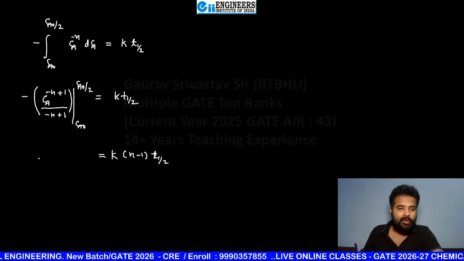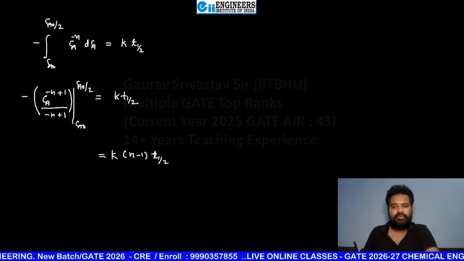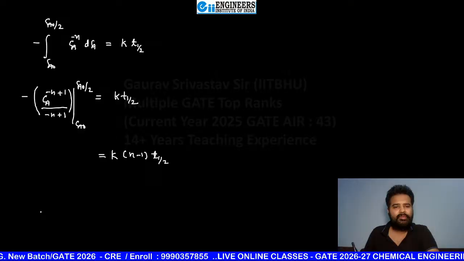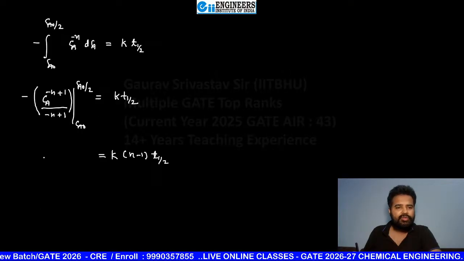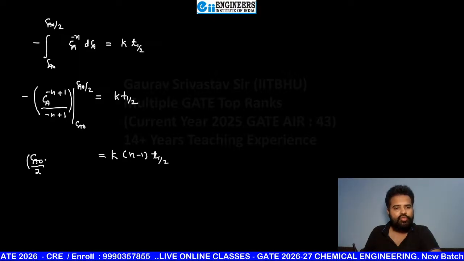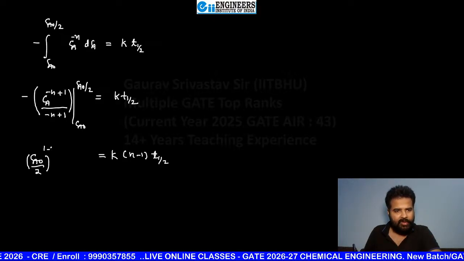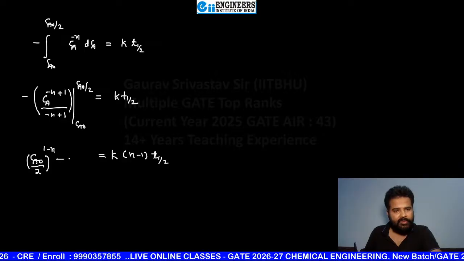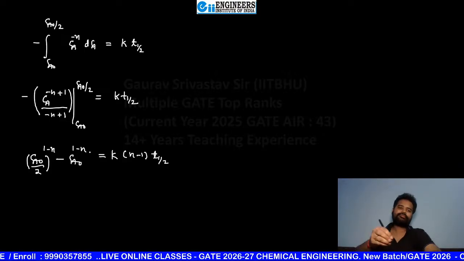Here you can write Ca raised to power 1 minus n. So upper limit you can put here, and if you don't want to use that negative sign, no need to worry. If used, still no need to worry. Just put it, so it can be written as Ca naught by 2 raised to power 1 minus n, and minus Ca naught to power 1 minus n.